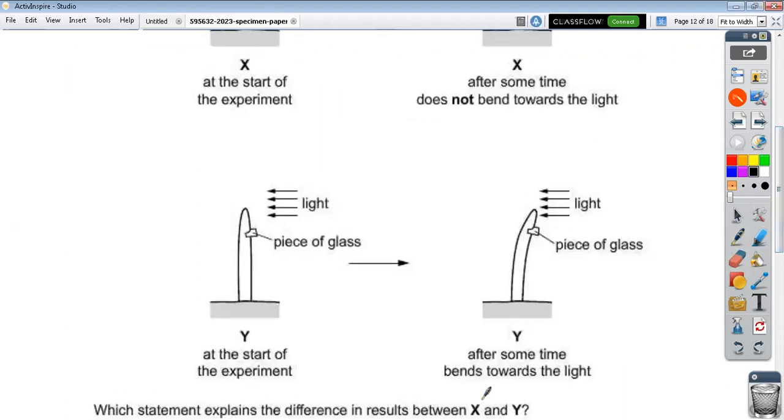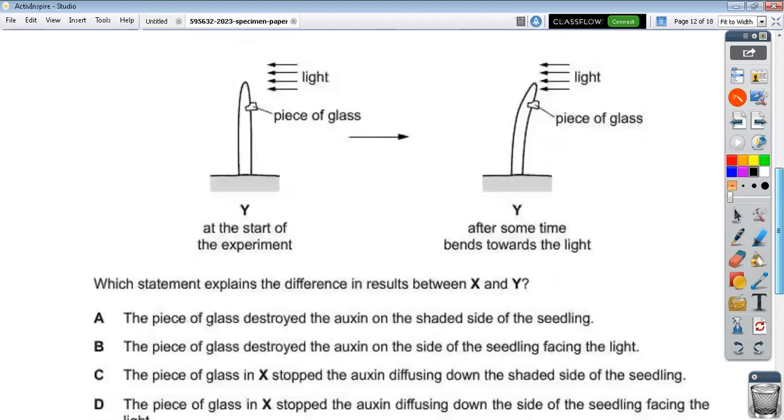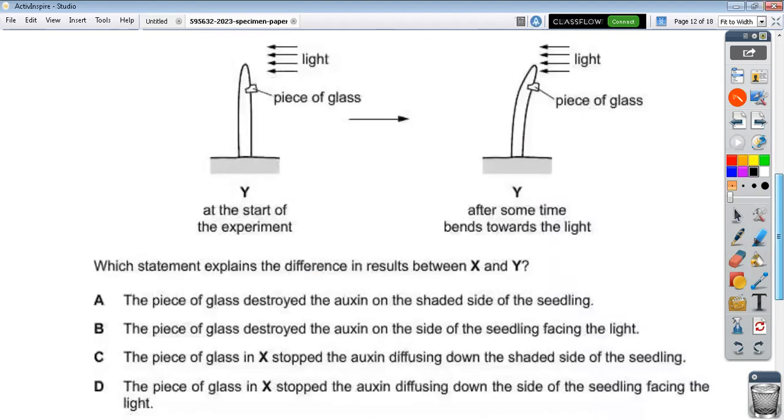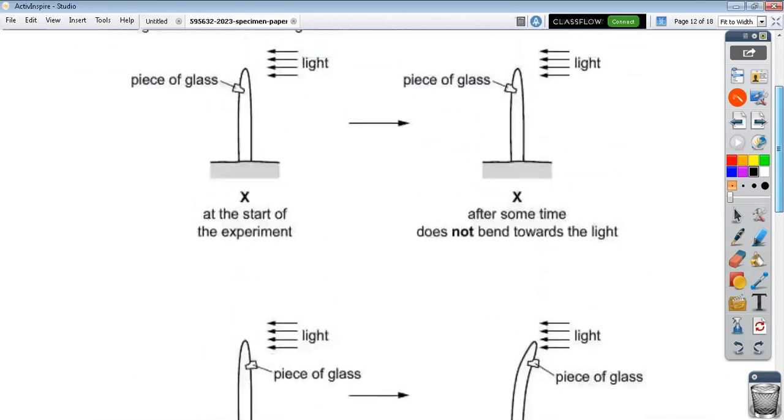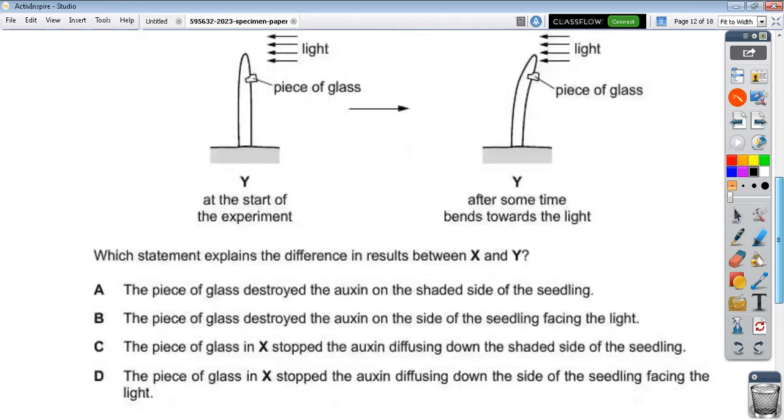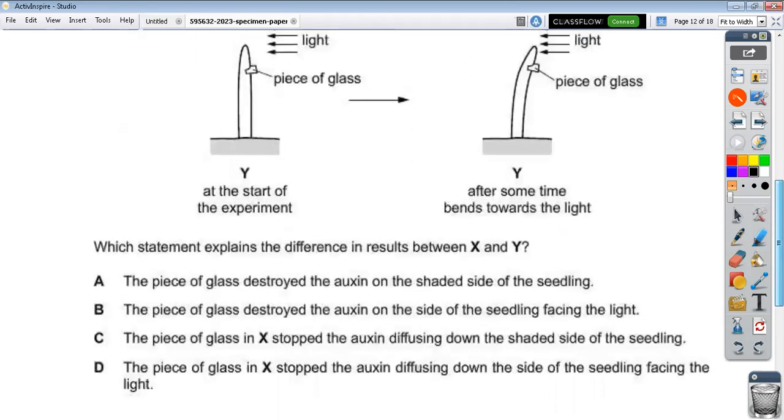But then we have Y, at the start of the experiment, then after some time, Y bends towards light. Which statement explains the difference in the results shown between X and Y?